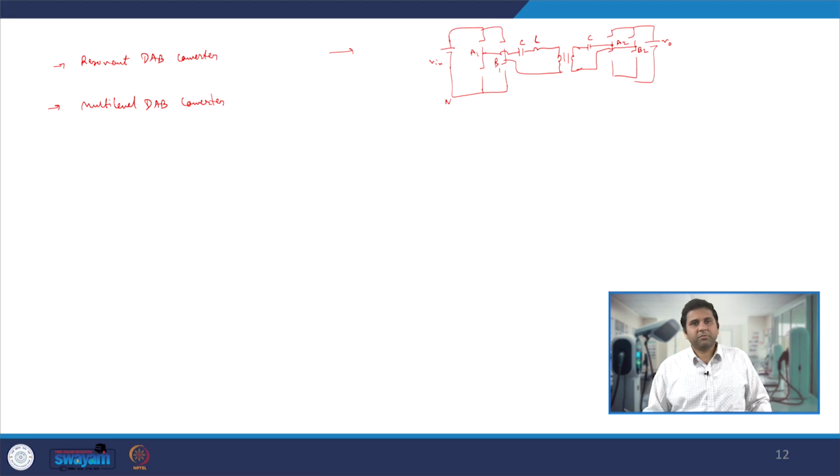Various combinations are possible, and one can then make sure the RMS current flowing through the primary side and secondary side is minimal, and that is when one can reduce the overall conduction losses in the converter.